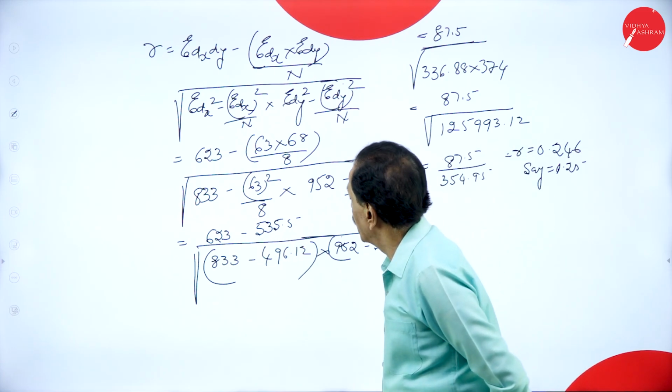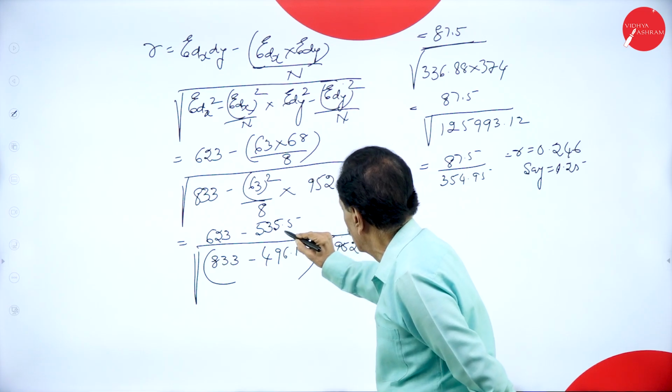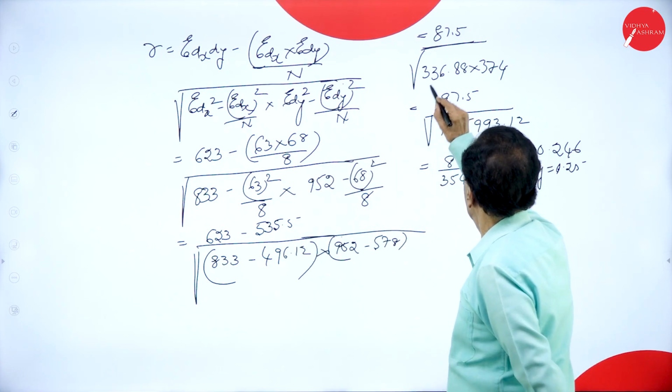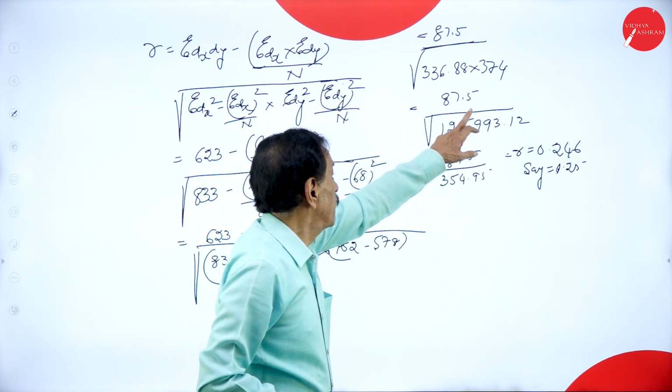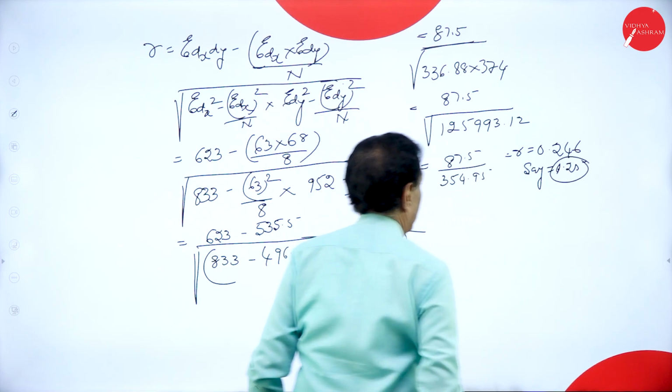If we simplify this, you get 87.5 and 336.88. The last answer is 0.25.